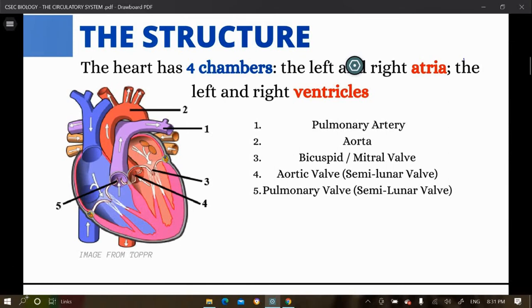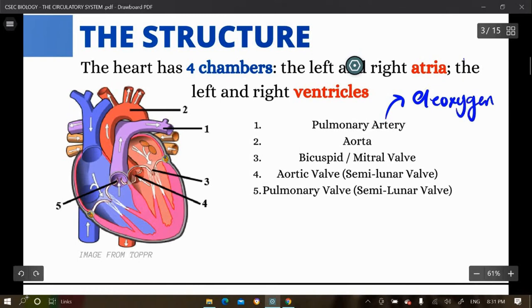So the pulmonary artery is the only artery in the body that brings deoxygenated blood, right? Yeah. So it's the only artery in the body that brings deoxygenated blood. Well, if you're not a pregnant woman.